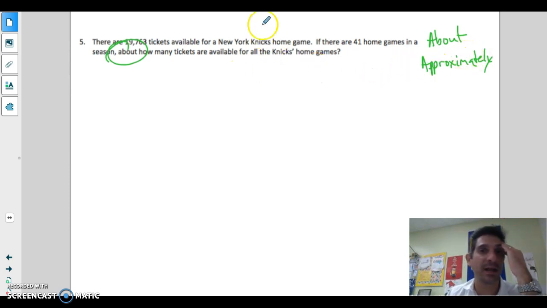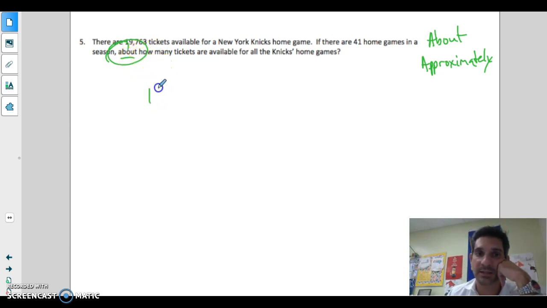And I know what's going to happen. You're going to forget. And when we get a quiz or a test, it's going to say about how many, and you're not going to read it, and you're going to find me the exact. So when you see about, approximately, estimate, those are keywords for rounding or estimating.